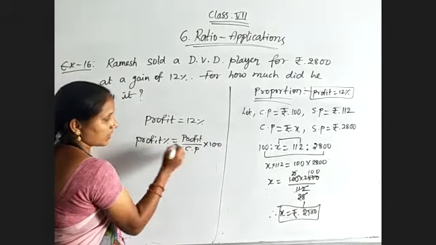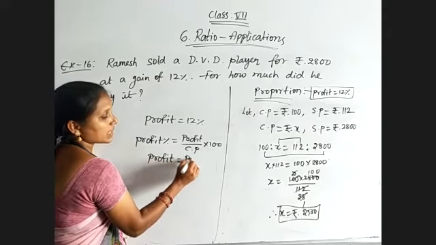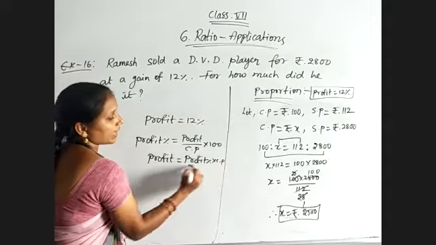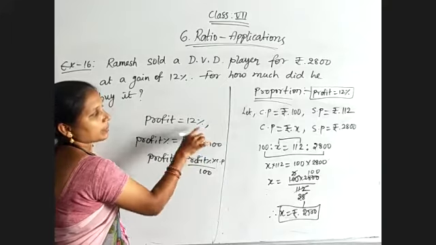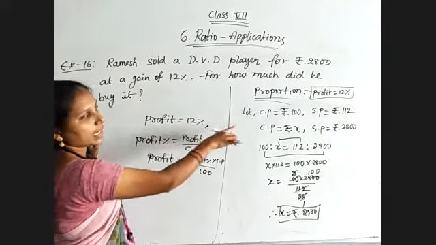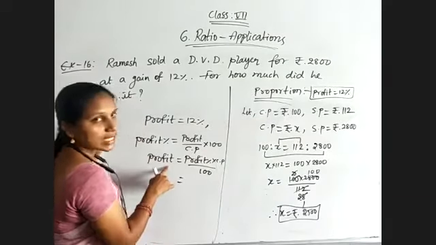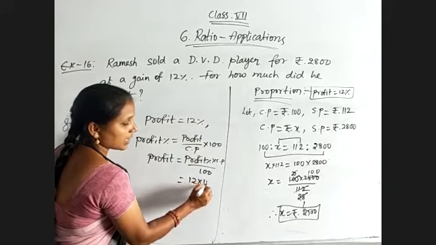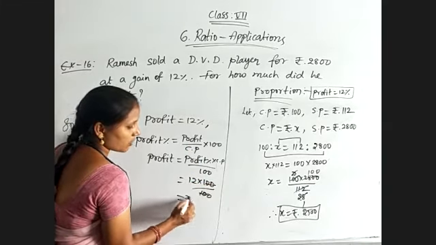From this we have the formula profit is equal to profit percent into CP by 100. So here I am taking profit percent as 12% and CP as 100 rupees. In that case, how much profit will I get? Profit percentage is 12 and CP is 100 by 100, so both get cancelled, which is equal to 12 rupees of profit.